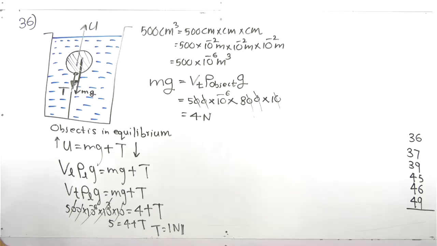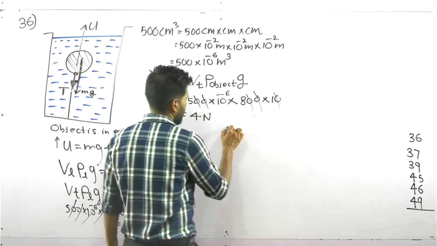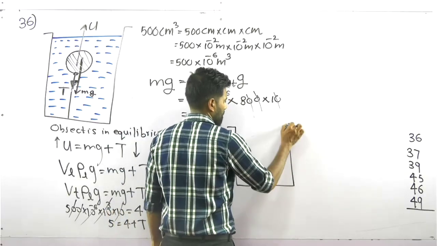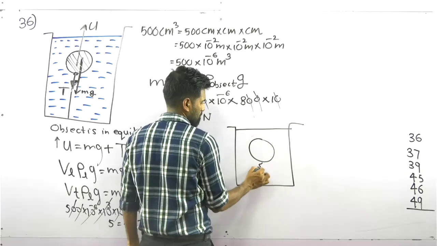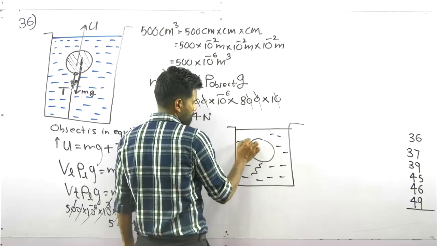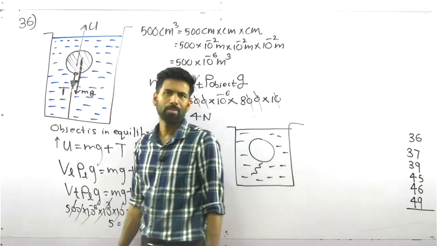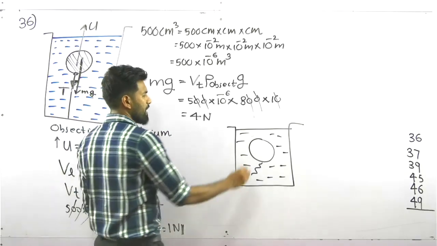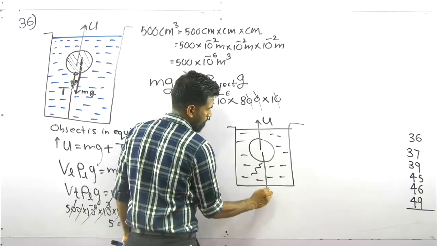And then they ask what will happen if the string is cut. Now the tension is not there. If the string is cut, no tension, only the upthrust and the weight.